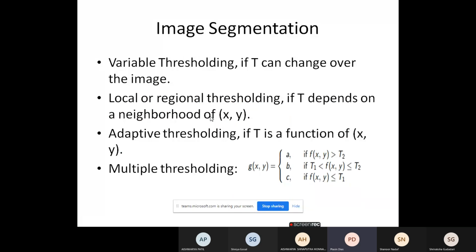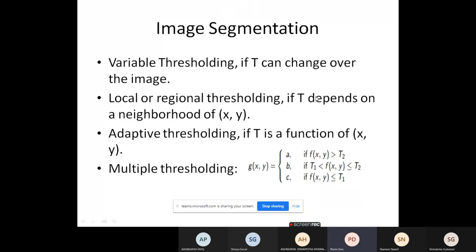We had seen different types of thresholding: variable thresholding, local thresholding, adaptive thresholding, and multiple thresholding, starting with global thresholding, which was the generalized case. Whenever there is a change in T, we can categorize it as variable thresholding.